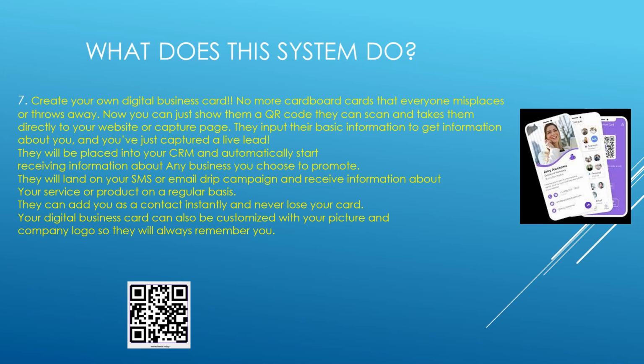What happened just now is I gathered your information when you gave me your email, phone number, and name, and now you have landed on an automatic drip email campaign, which means in about 3 days you're going to receive information about my business. You're going to receive information maybe about 3 days after that, then maybe a week, then after that maybe 2 weeks. But the purpose of this is for me to stay on your mind, because I want to include all my pictures with those emails so that you remember who I am.